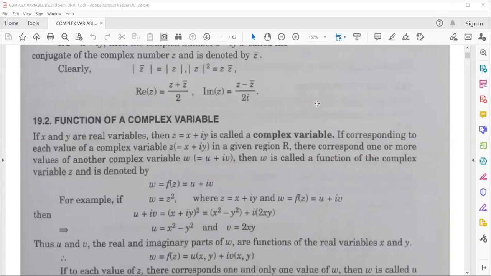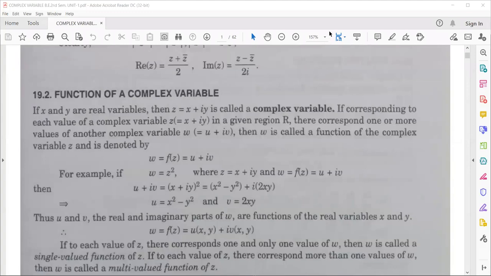Now the next part is your complex variable. Obviously, if I say variable, what do you mean by variable? Variable means whose value changes, is it not? If I say x is a variable, that means the value of x is not fixed. The value of x is varying.